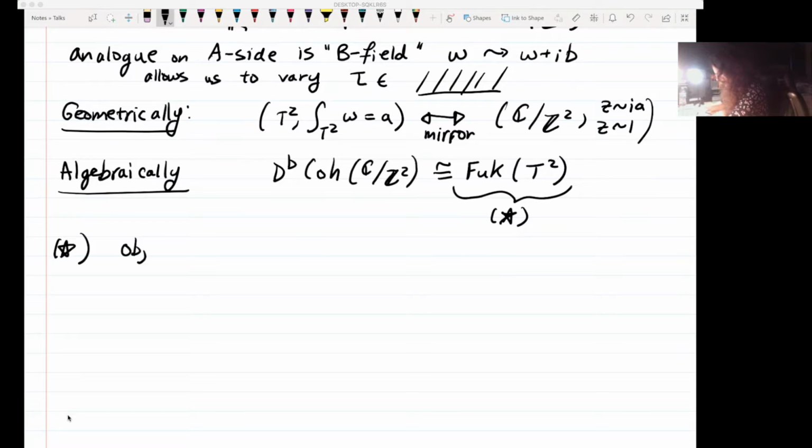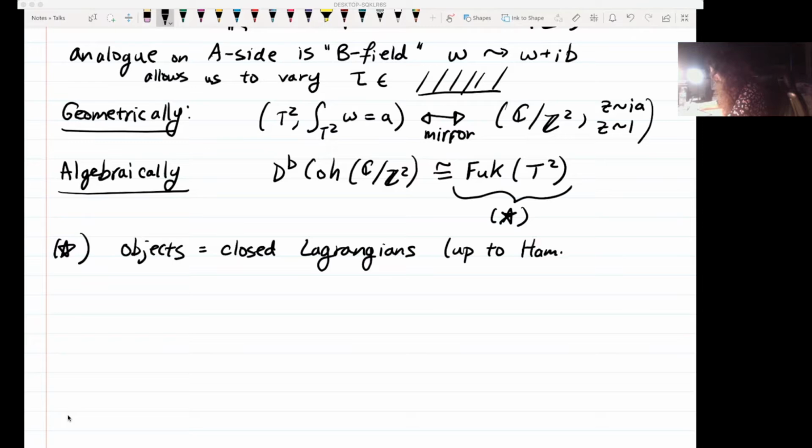So the objects that we consider are closed Lagrangians, up to Hamiltonian isotopy.